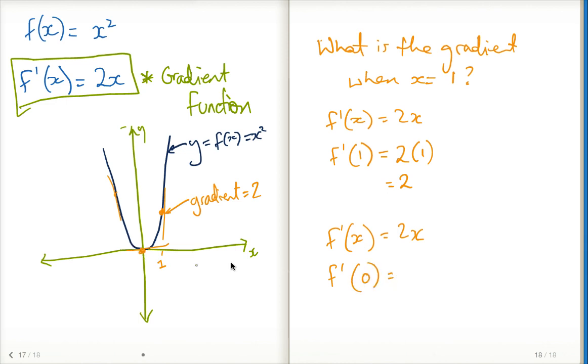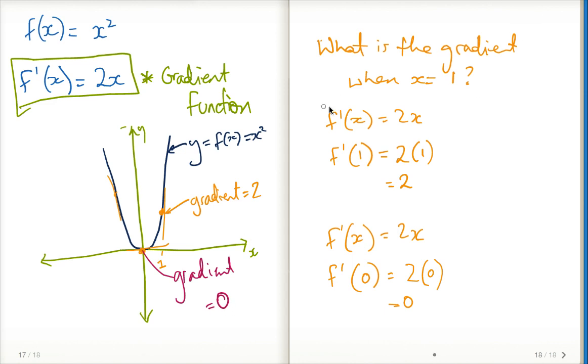When x is equal to 0, what is my gradient? Well, it's 2 times 0, it equals 0. So right here at this point, my gradient equals 0. And we can kind of tell that it's neither negative nor positive. It's actually that turning point. Whenever we have a turning point, we have a gradient equal to 0.